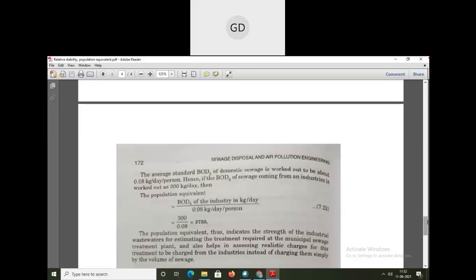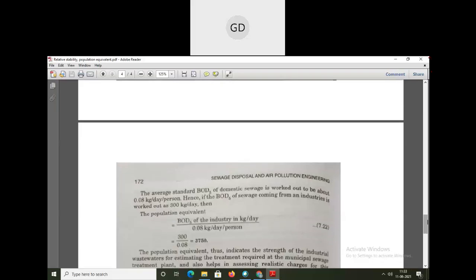It is generally not taken by the volume of the sewage, but the industries should be charged according to the strength of their industrial wastewater. So population equivalent helps in assessing the realistic charge for the treatment required for the industries, instead of taking the charge by the volume of the sewage. That is your population equivalent.